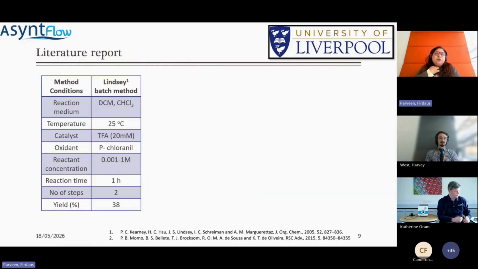The best reported literature in batch was found to be from Lindsey, where he used dichloromethane and chloroform as reaction solvent and did the reaction at 25 degrees C in 2 steps. That means separating the condensation and oxidation steps and using p-chloranil as an oxidant, and found a yield of 38%.